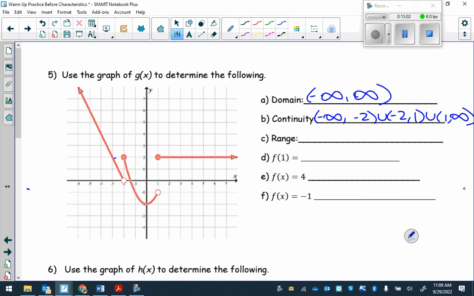Ellery, what do we have for the range? Good. Negative 2 to infinity. Excellent. Okay. F of 1. Belle, go ahead. F of 1 is 2. Good. Let's look at the other one. F of x equals 4. Oh, and what do we have for that one?